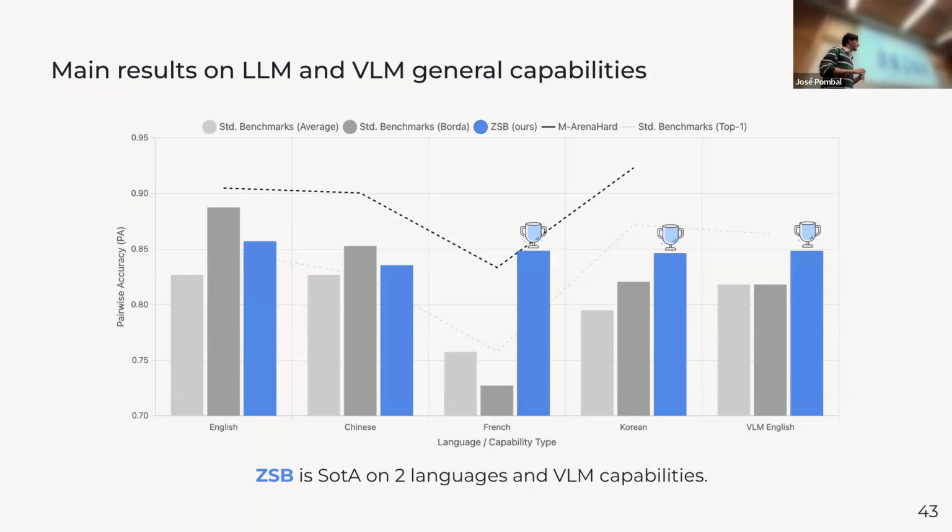But the point here is that ZSV is either better, competitive, or slightly worse than human-created benchmarks at predicting human rankings for all these different languages and even in the vision domain. And again, it's remarkably easier to create and to update and to improve.